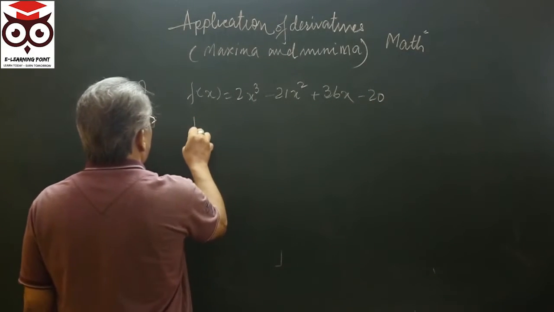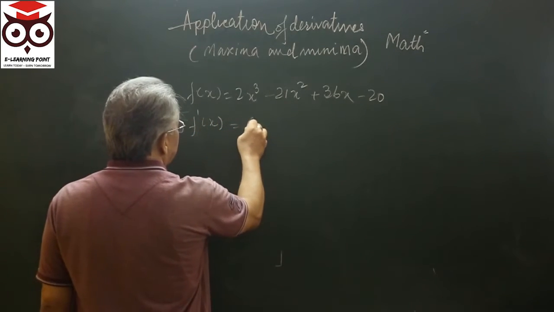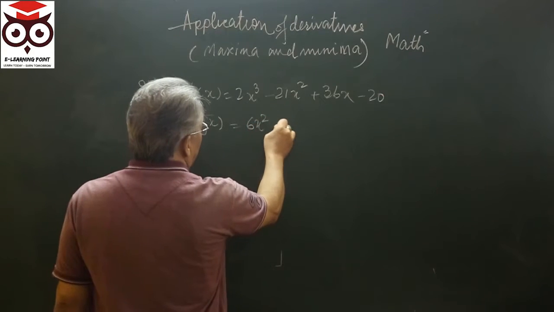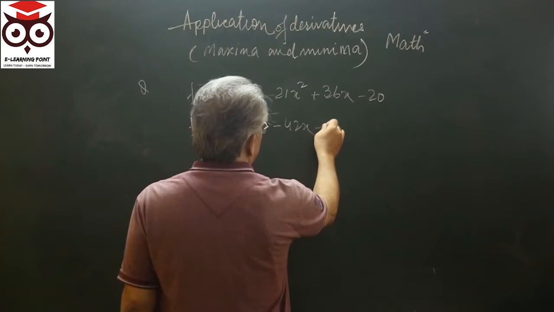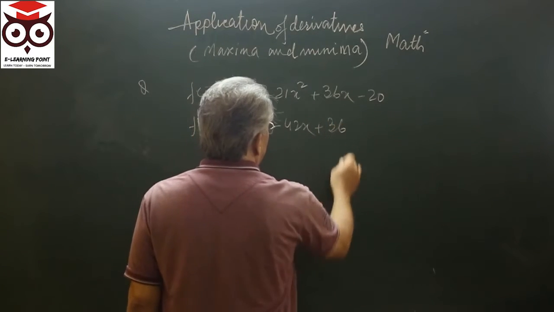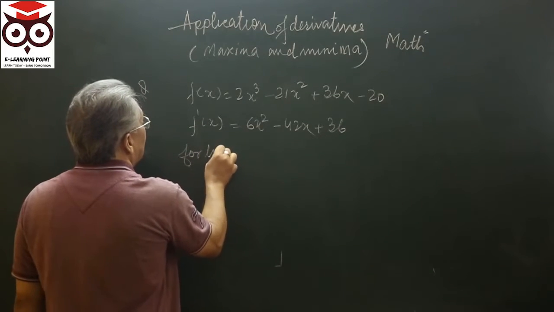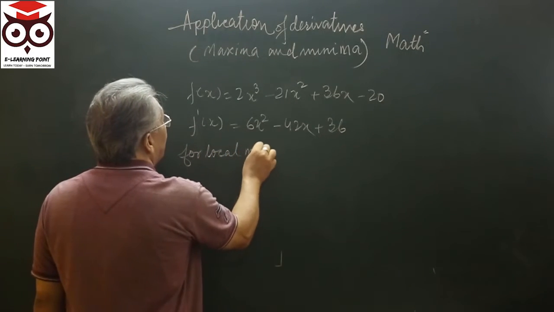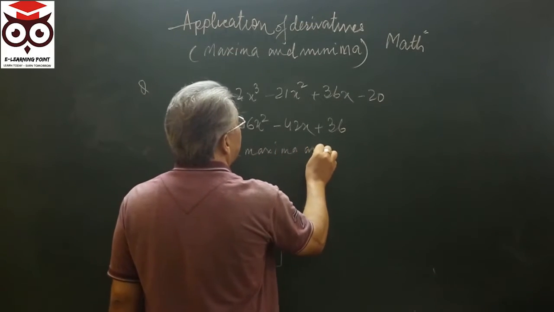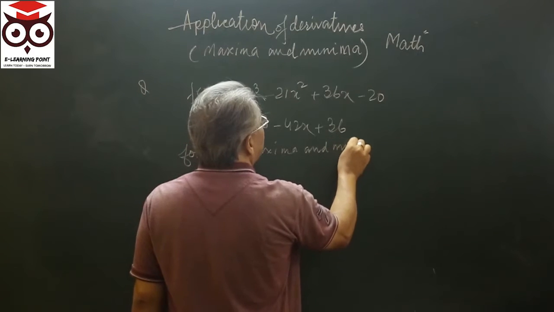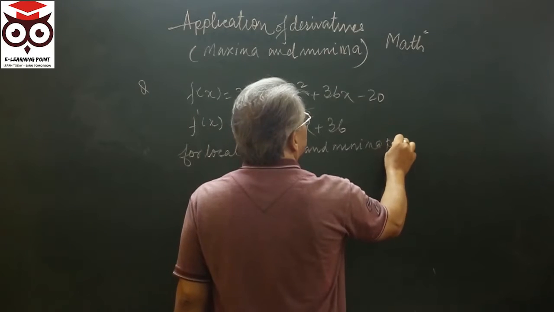First I will differentiate. This is f dash x, which is 6x square minus 42x plus 36. Then we will write, for local maxima and minima points.